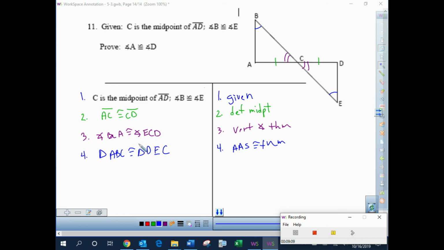Don't forget to put them in corresponding order, and we used angle, angle, side to do so. And the last move, baby, is to get what we want. Angle A is totally congruent to angle D because they are corresponding parts of congruent figures, so they should be congruent.